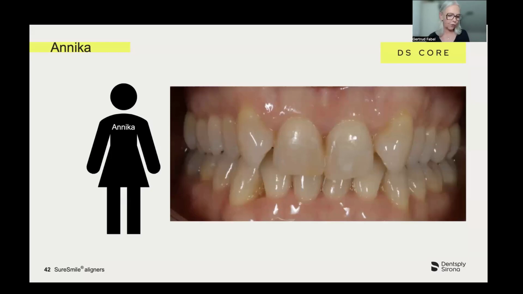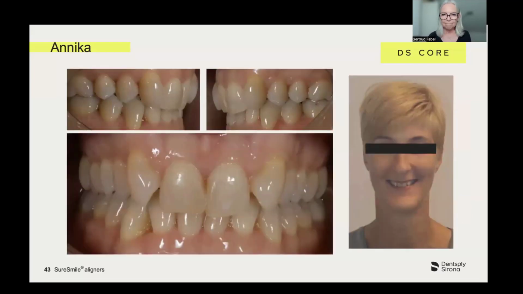Well, the canines should no longer dominate her smile. No tooth substance should be sacrificed by prosthetic measures. The treatment should take place within a manageable period of time. Well, and she rejected brackets. She didn't want the fixed orthodontics.